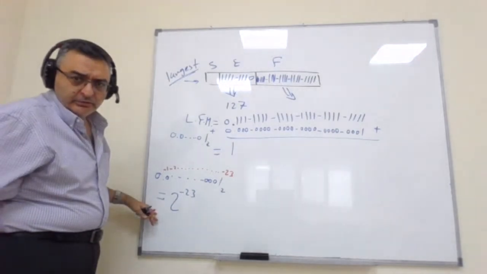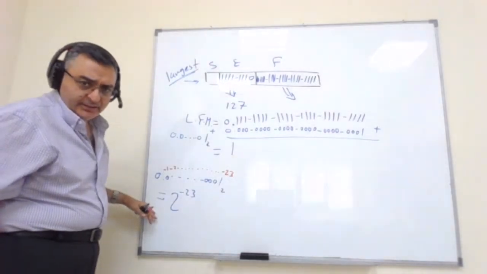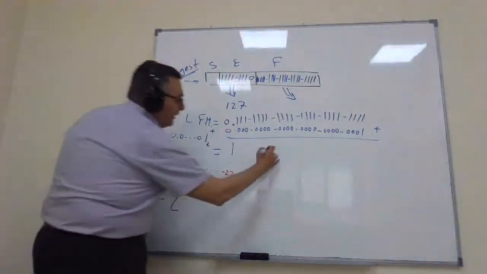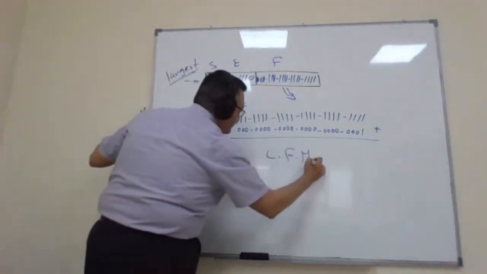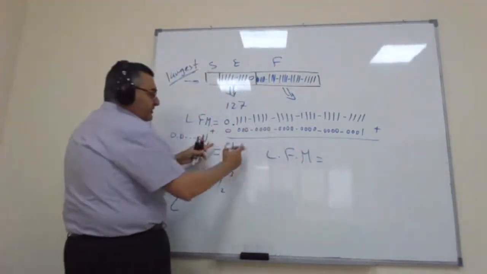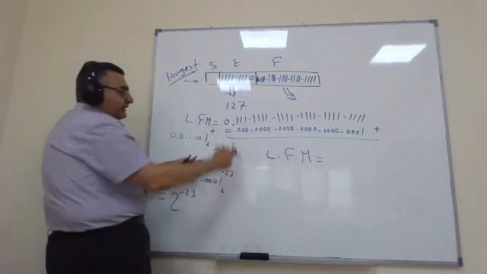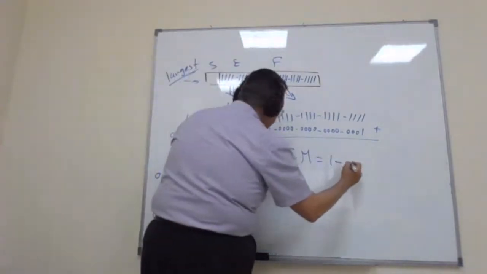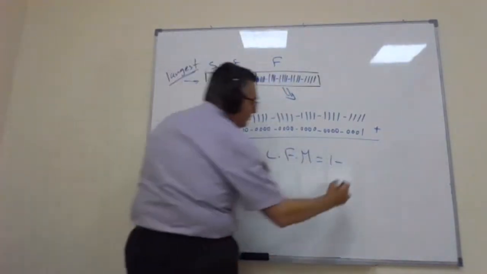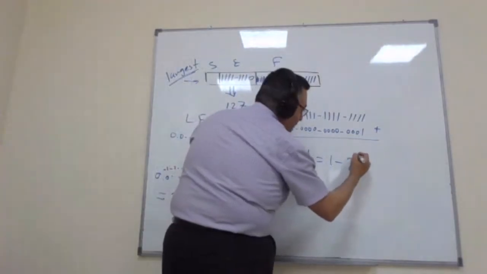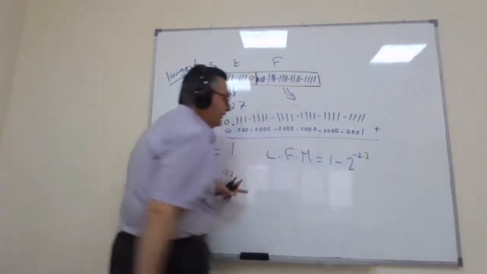Agree? Make sense? So the last fractional mantissa plus this is 1, and we move it to the other side. So it is 1 minus 2 to the power -23.